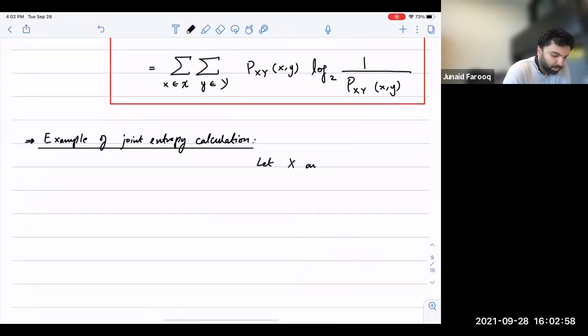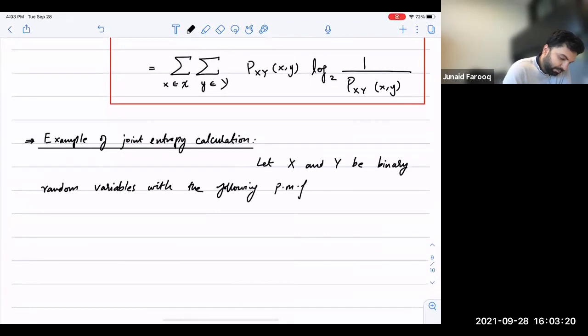Let X and Y be binary random variables with the following probability mass function.